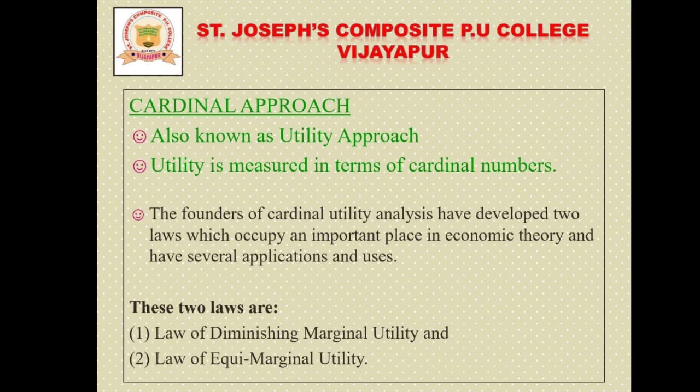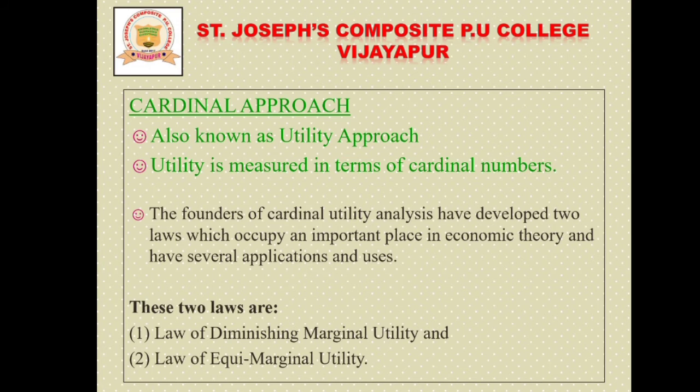The founders of cardinal utility analysis developed 2 laws, which occupy an important place in economic theory and have several applications and uses. These are the law of diminishing marginal utility and the law of equi-marginal utility.